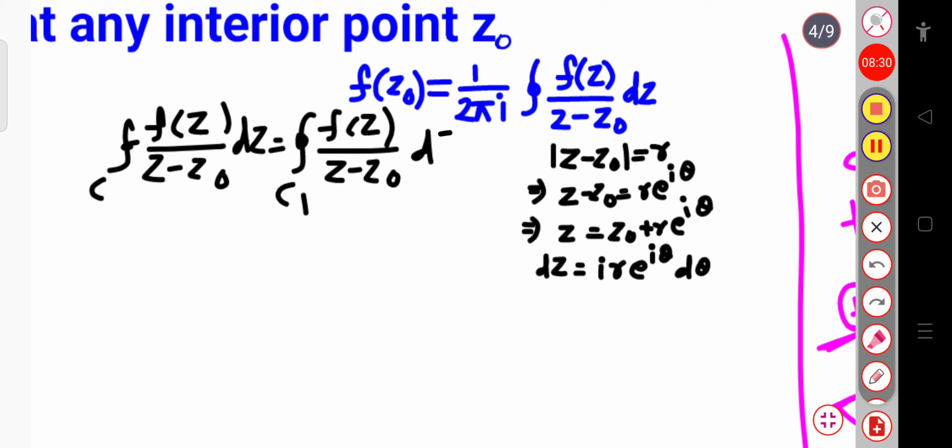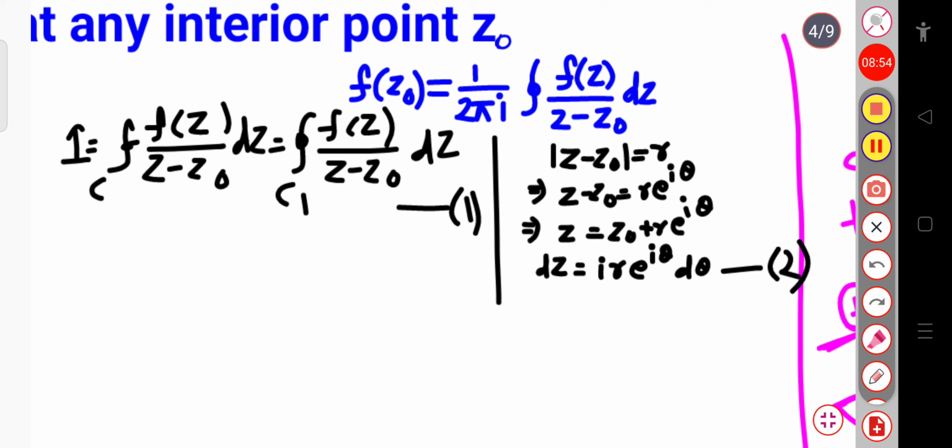Let us consider this integral value as capital I. So in place of z minus z0 I have to substitute this value, and in place of dz I have to write i r exponential i theta d theta. Suppose this is equation number 1 and this is equation number 2. Now, if I put equation 2 in equation 1, then this will be equal to the integration over C, or C1, the same.